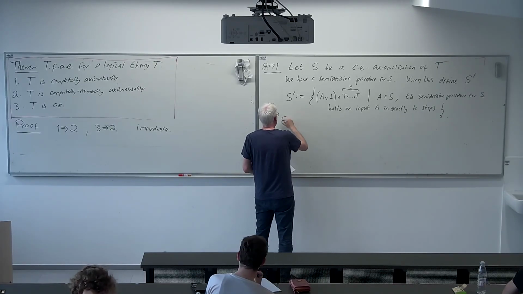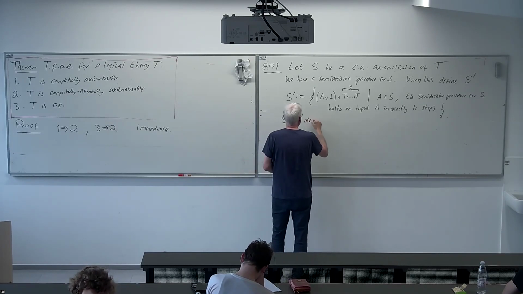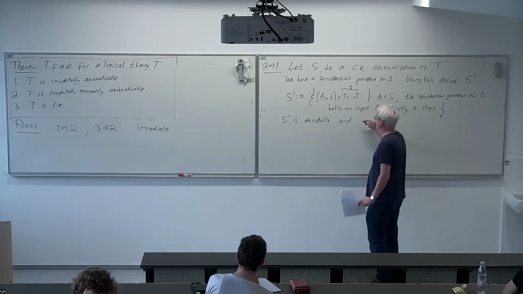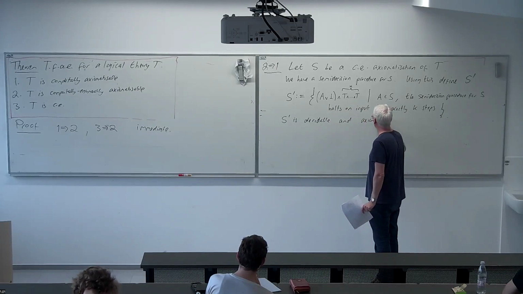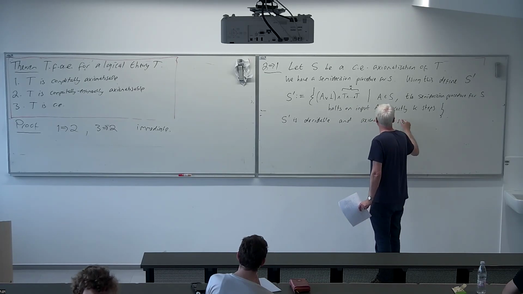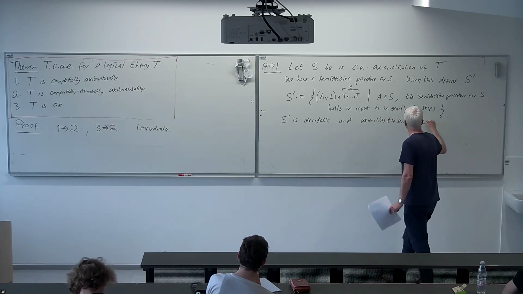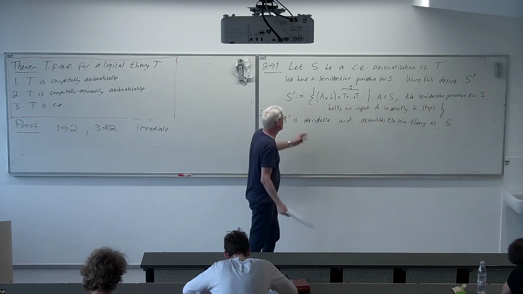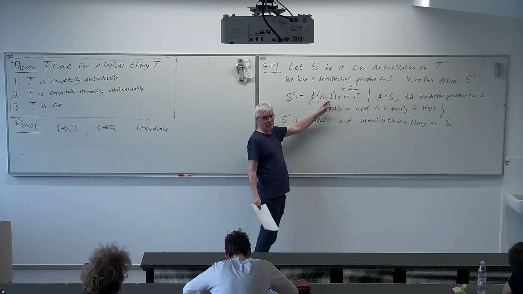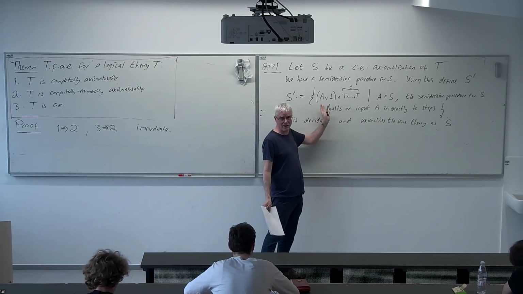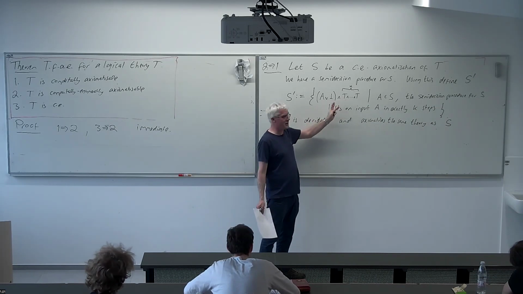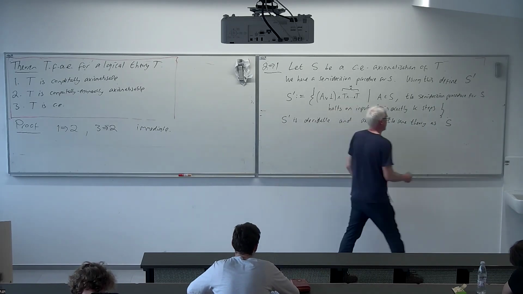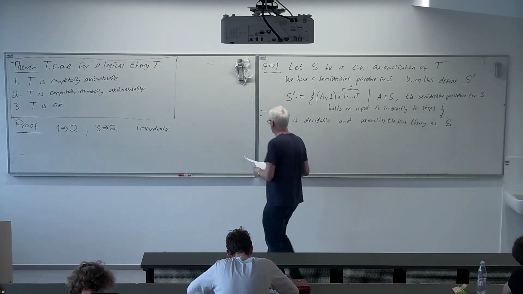So S prime is decidable and axiomatizes the same theory as S, because every axiom of S gives rise to exactly one such axiom belonging to S prime, and it's clearly logically equivalent to the original A. Okay, so I think that's enough detail for 2 implies 1.